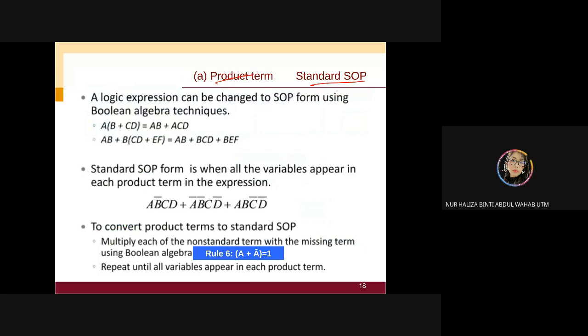Product term standard SOP. So you have an example here. If let's say you have A, B plus CD, this is your product terms. You can see this is not having the C and D. This is not having the B. So that's why you need to do a standardized version for SOP.